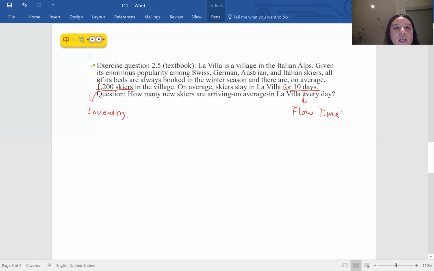Then we can calculate the flow rate, which equals the inventory divided by the flow time.